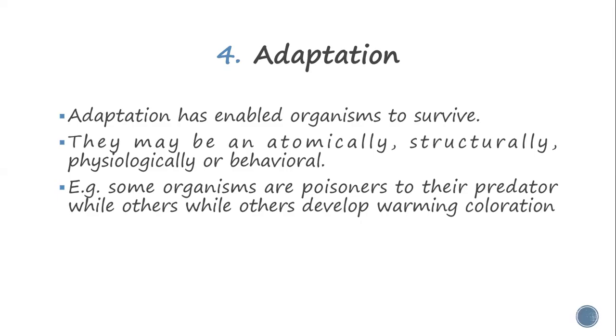So all these are just some of the ways in which organisms change accordingly just to survive within the environment. Take an example: some organisms are poisonous to their predators, while others just develop warning coloration. So these are just some of the ways that organisms adapt to survive.